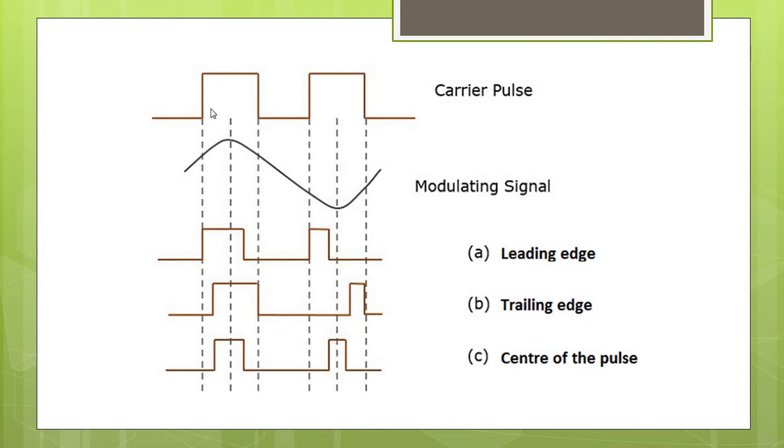When the output appears from here, this is known as leading edge pulse width modulation. In the second one, the pulse width modulation occurs at the trailing edge. The last one is at the middle of the pulse, so this is at the center of the pulse. These are the three types of pulse width modulations.